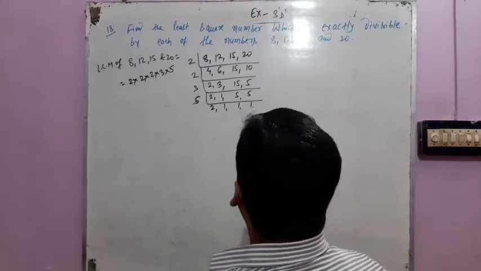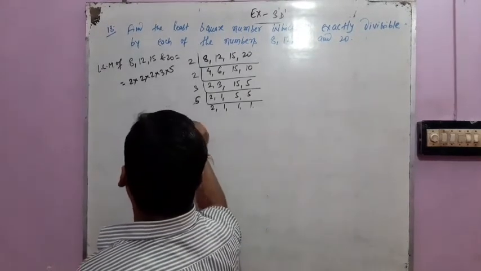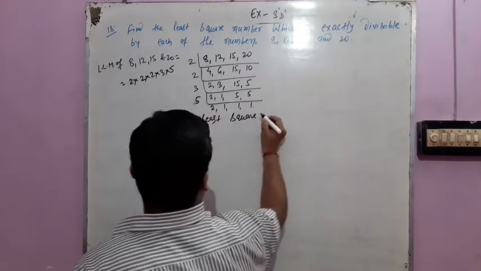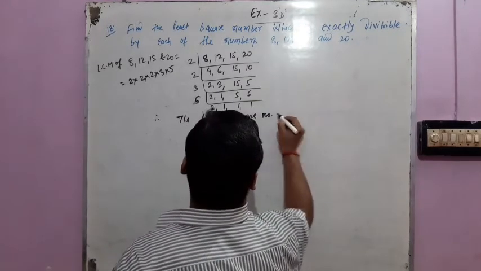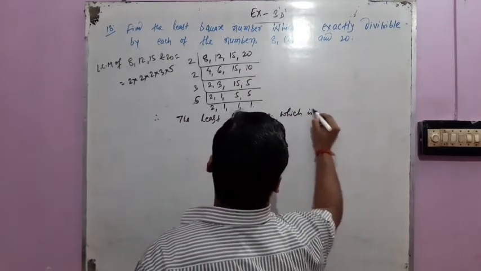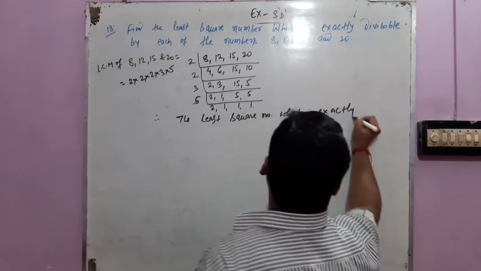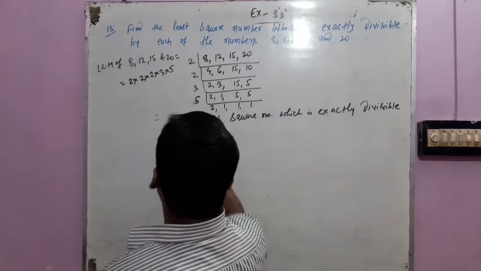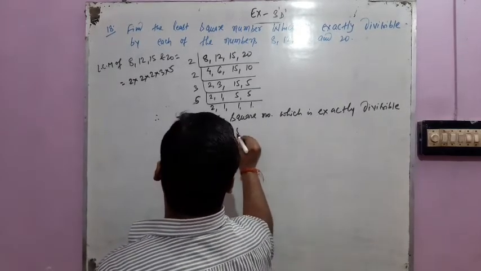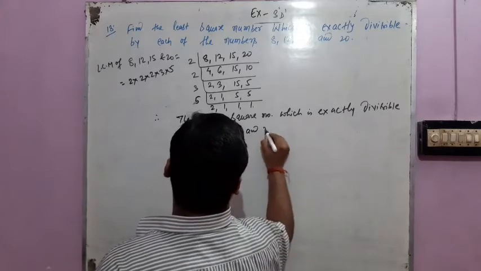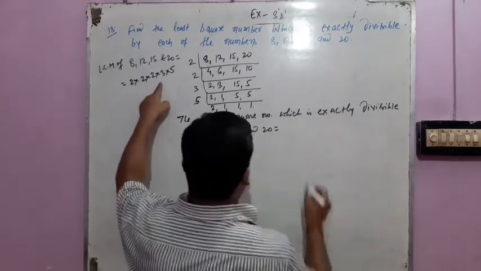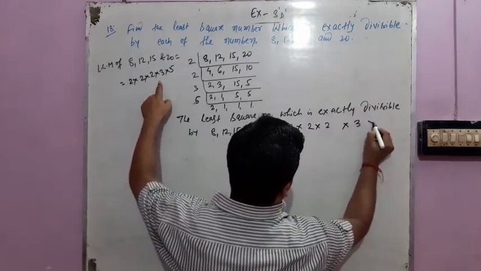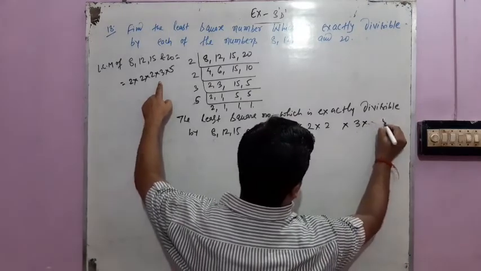Okay, now therefore the least square number which is exactly divisible by 8, 12, 15 and 20, first we have to write this number 2 into 2 into 2 into 3 into 5.